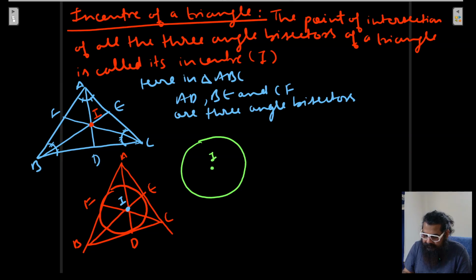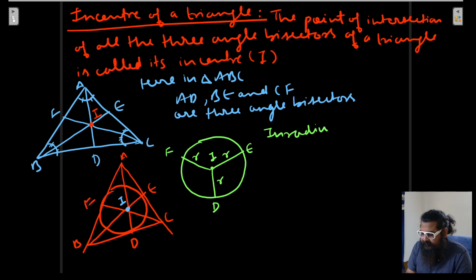This is IE, this is IF, and this is ID. This radius is known as the inradius. A circle was drawn inside this triangle, that's why the center of this triangle is called incenter.